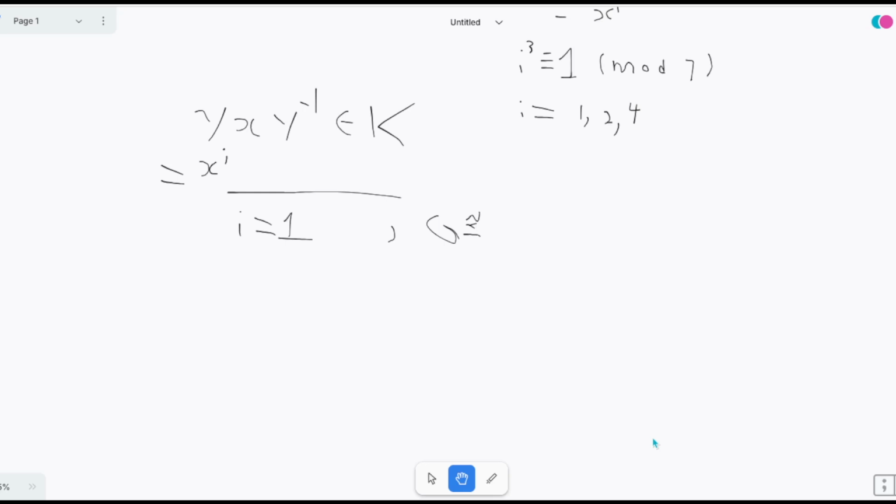Oh, sorry. I said that if i equals 1, this is the same method we can use as the previous case where the group was of order 15.